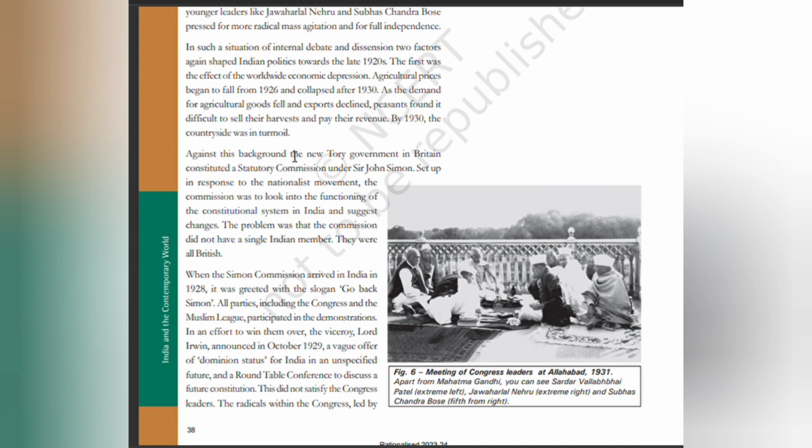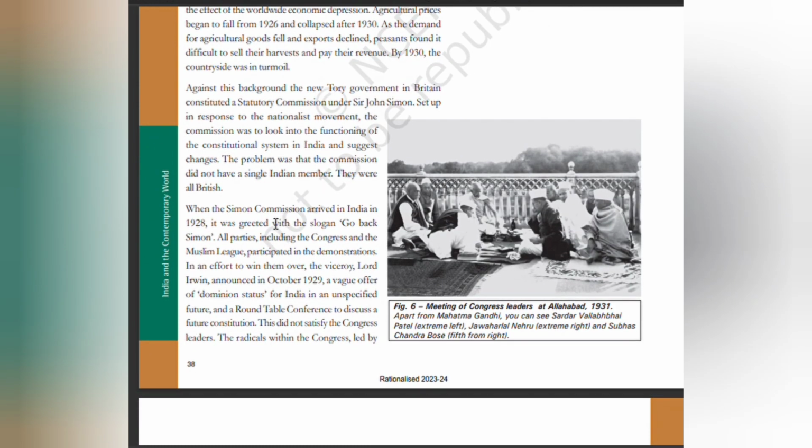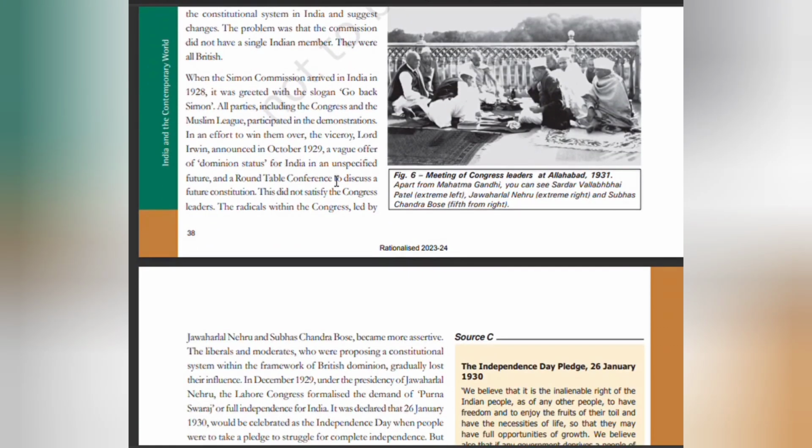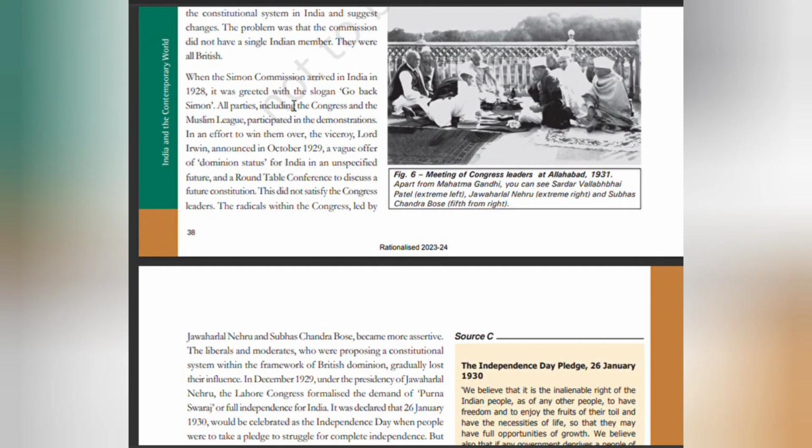Against this background, the new Tory government in Britain constituted a statutory commission under Sir John Simon, set up in response to the nationalist movement. The commission must look into the functioning of the constitutional system in India and suggest changes. The problem was that the commission did not have a single Indian member. They were all British. When the Simon Commission arrived in India in 1928, it was greeted with the slogan, Go back Simon.